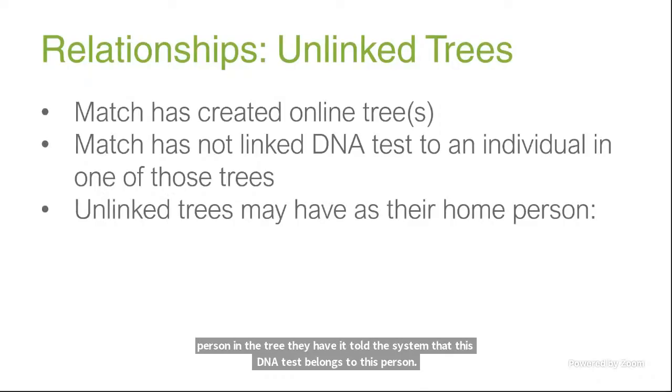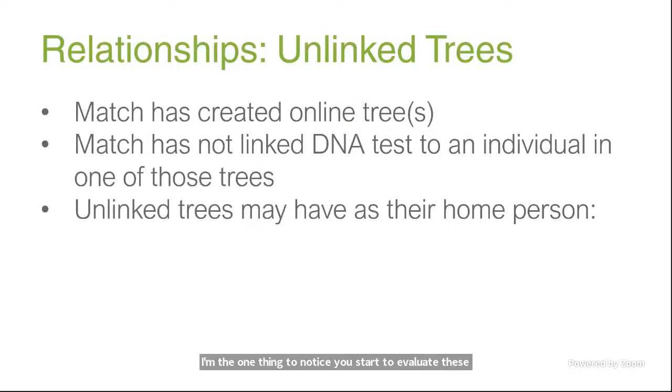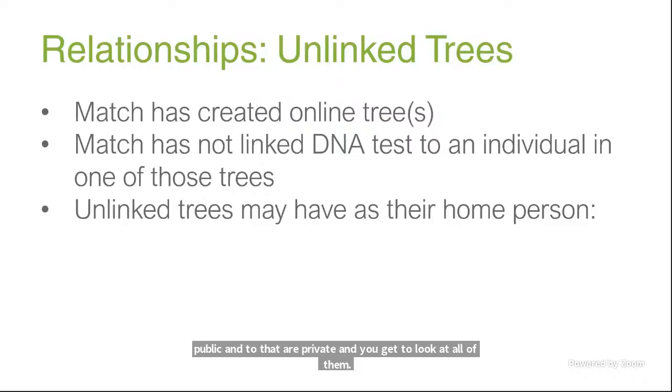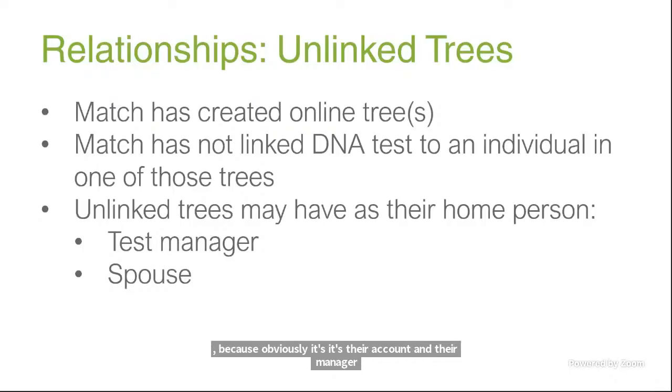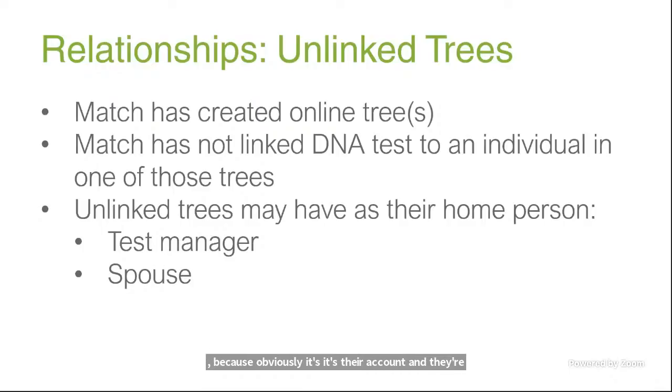The one thing to note is as you start to evaluate these unlinked trees, sometimes you'll come in and it'll say they have 5 unlinked trees that are public and 2 that are private, and you get to look at all of them. But the problem is the home person in that tree could be the person who's managing the kit, because obviously it's their account and they're managing this other kit. It could be the spouse of the person who took the DNA test.